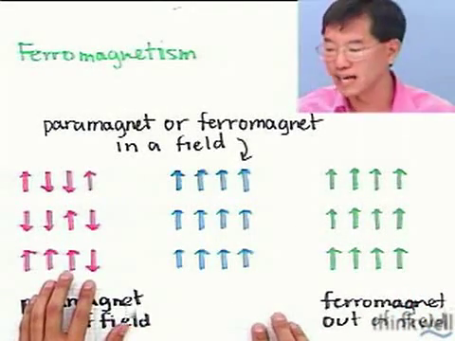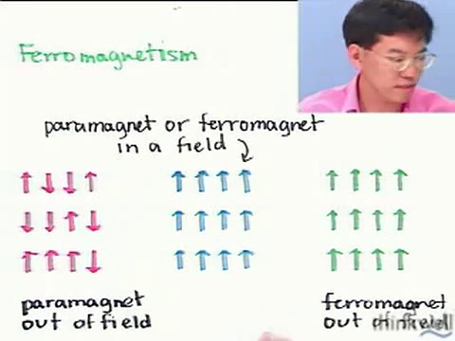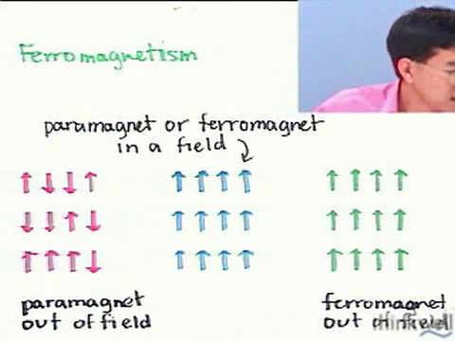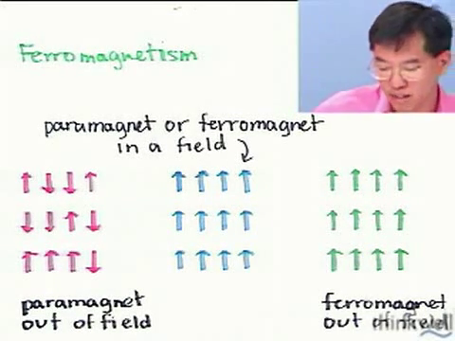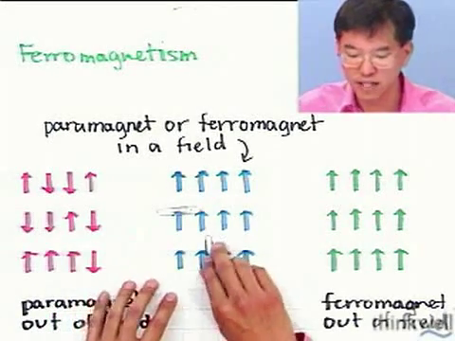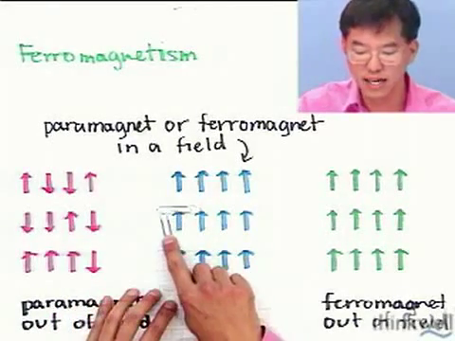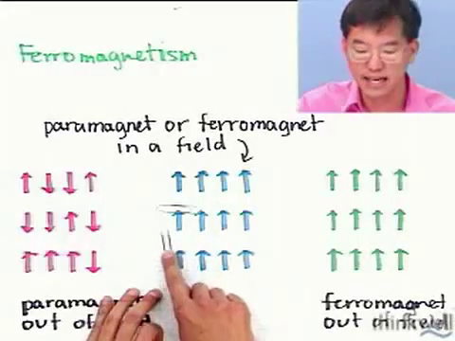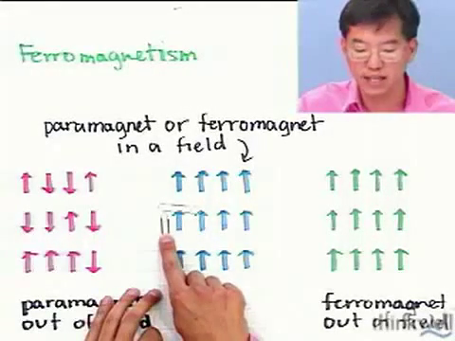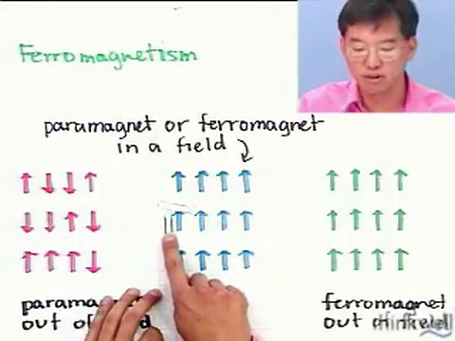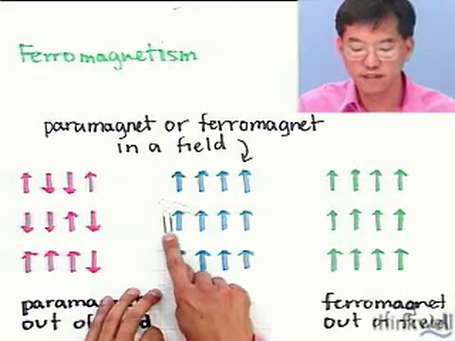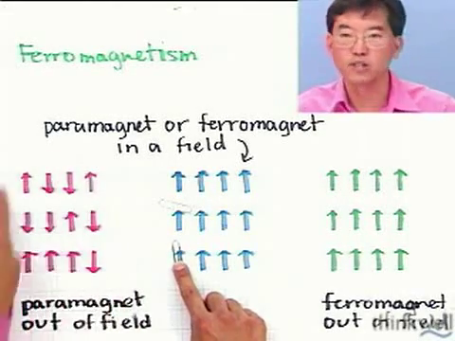Now, to illustrate that idea, what I'm going to do is take a paper clip, actually 2 paper clips, and show you that these 2 paper clips are not attracted to each other. So these paper clips turn out to be ferromagnets, but in the totally random state. So these are ferromagnets that are totally randomized.